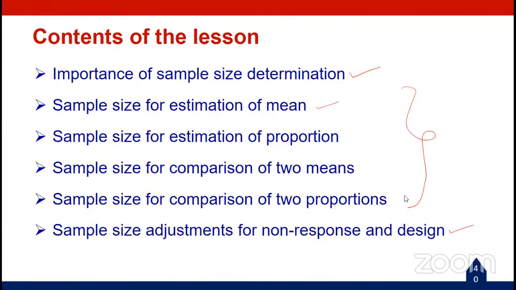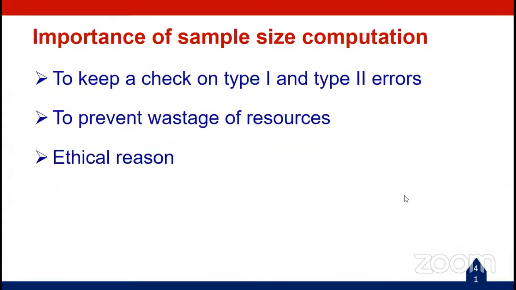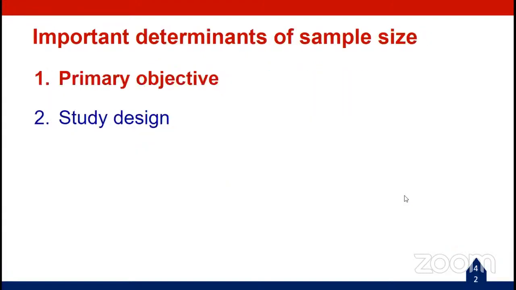So mainly the sample size computation depends on the primary objective, followed by the nature of your outcome variable. Important determinants of sample size are our primary objective and primary outcome, and the nature of our outcome, whether it is continuous or dichotomous.